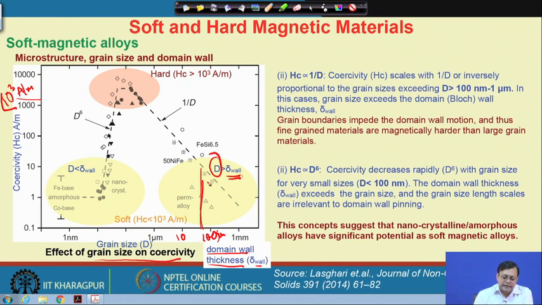Now, if I decrease the grain size, then automatically the coercivity increases, meaning it is going towards the harder magnetic side, and it may even go above 10 to the power 3 ampere per meter. Here the relationship is that Hc is proportional to 1 by d, meaning as I decrease the grain size, the Hc increases, right.